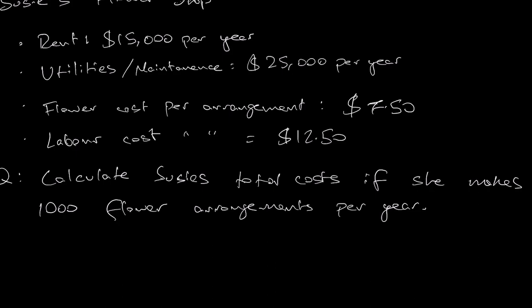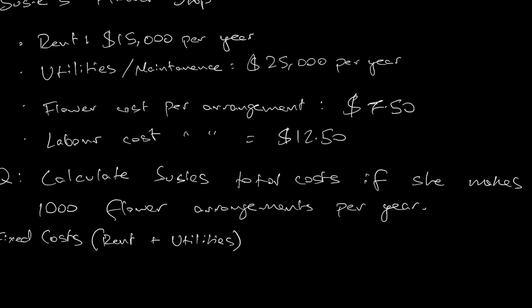So first thing I'm going to do is have a look at what her fixed costs are going to be. And when I talk about fixed costs, I'm saying that these are external to the production of her product, so they don't actually change depending on how many flower bouquets she creates. So Susie's fixed costs are rent and utilities.